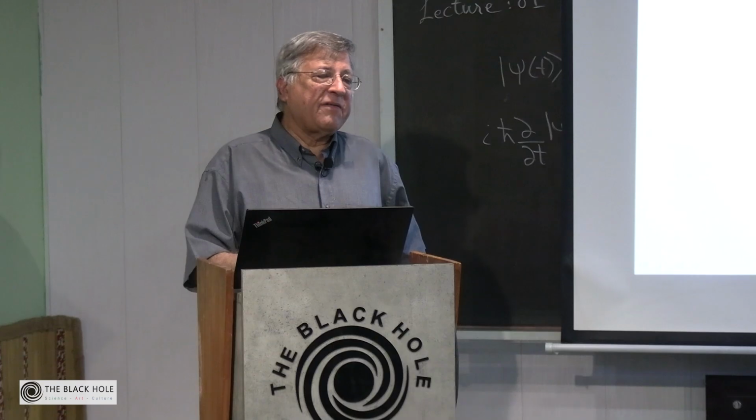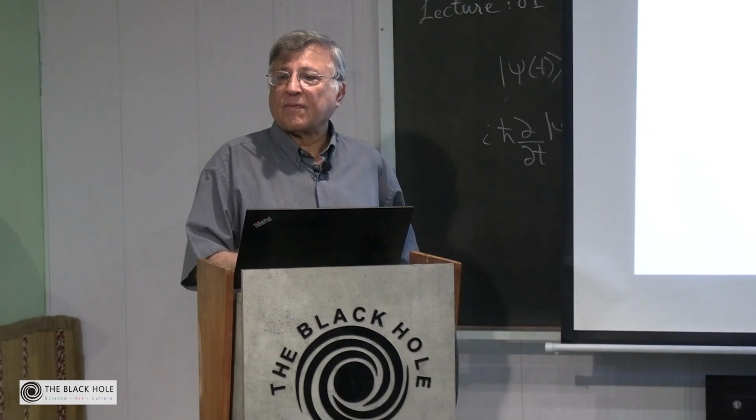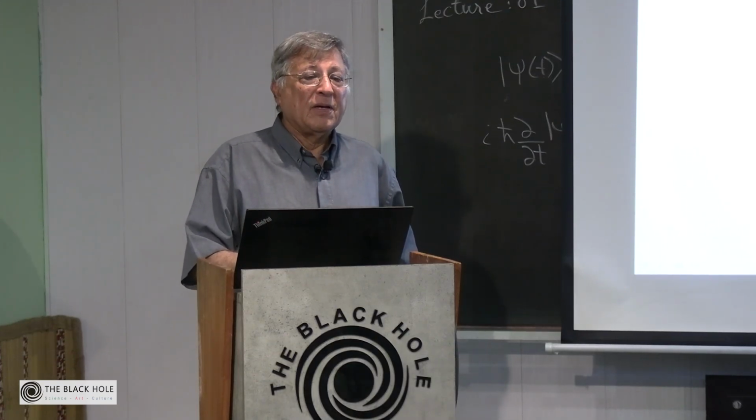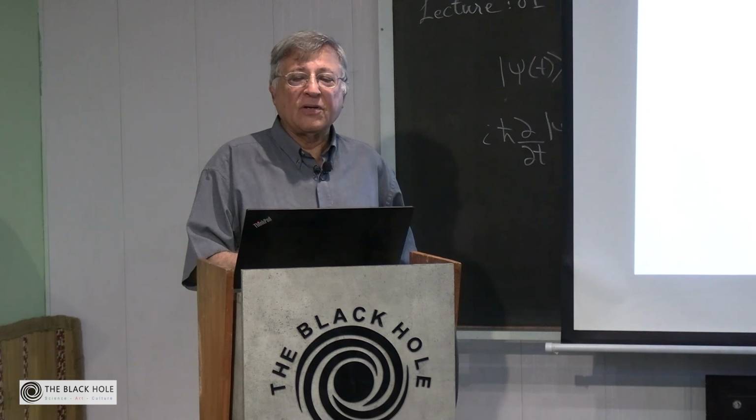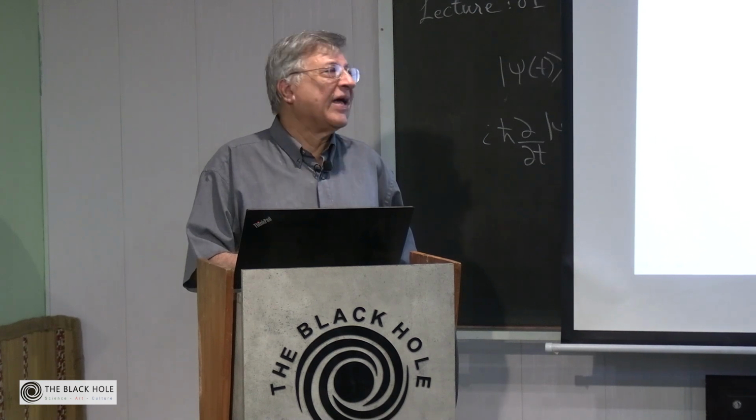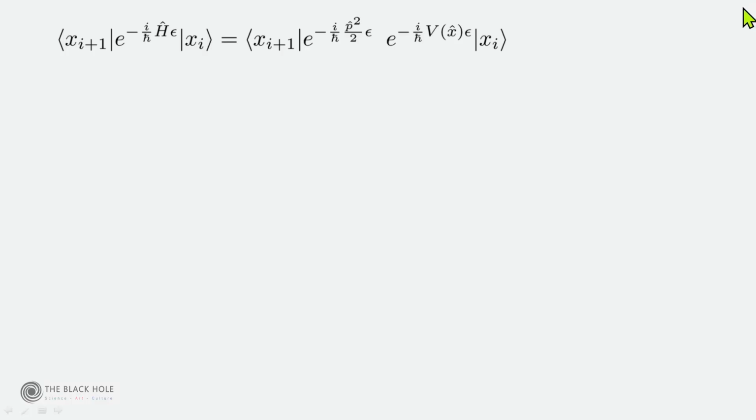Now here I have used something. I've used the Baker-Campbell-Hausdorff theorem, which you saw. So you see, I can't really do this because there is also an e to the commutator term, right?